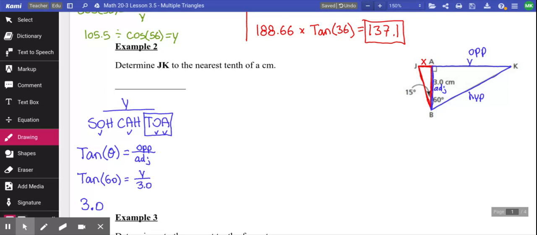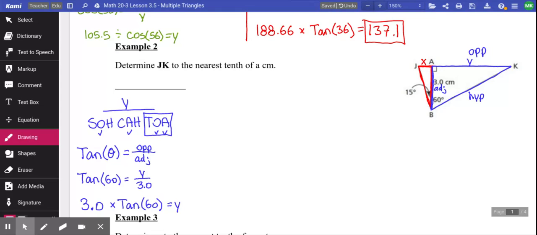Why is it multiplied? Because the y is on the top. So it's going to be this multiplied by tangent. So you go 3 times tan 60. And that should tell you what your value of y is.